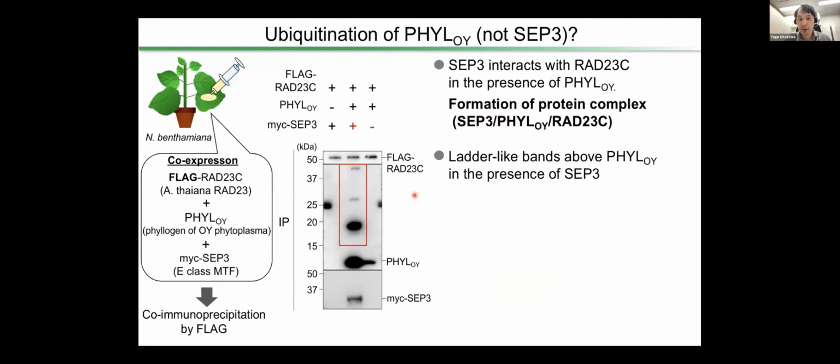Moreover, additional interesting results were obtained. First, in the presence of SEP3, ladder-like bands were observed above PHYL1-OY. From the band size, we speculated this is because of ubiquitination of PHYL1-OY. On the other hand, such bands were not observed above SEP3.